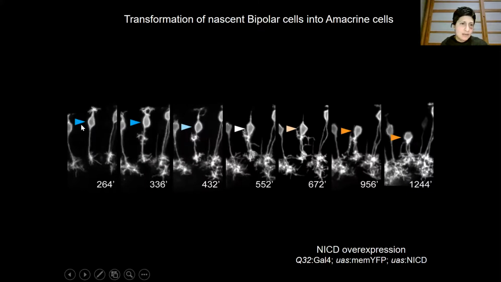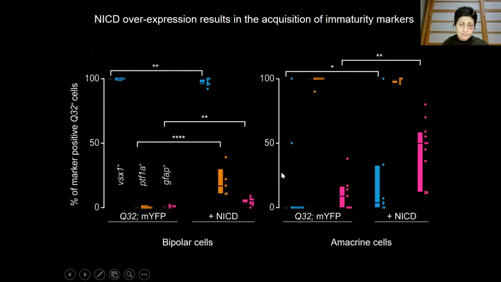And what we see effectively is bipolar cells transforming their shape and then acquiring an amacrine cell morphology. What I don't show you here is that these amacrine cells start to express amacrine cell markers. And in fact, amacrine cell markers start being expressed already when the cell is still a bipolar cell, at least based on its morphology.